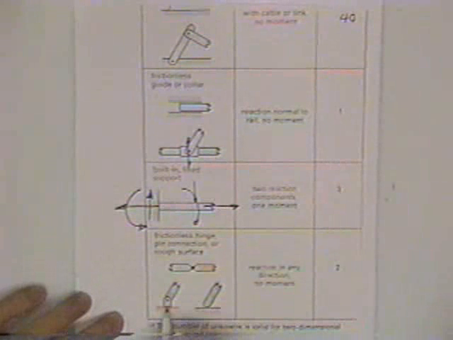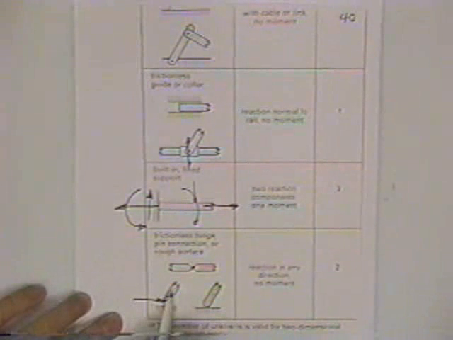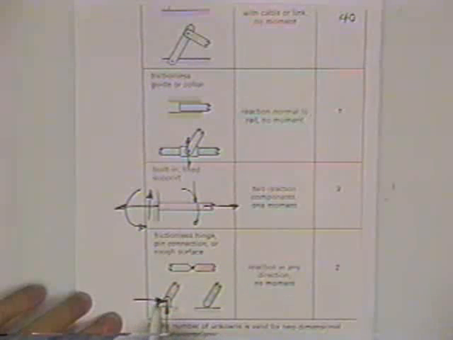Then a pin, all pins have the ability to resist on this member with 2 forces, a horizontal and a vertical force. Again, these arrowheads may prove to be incorrectly shown and guessed when you start off.